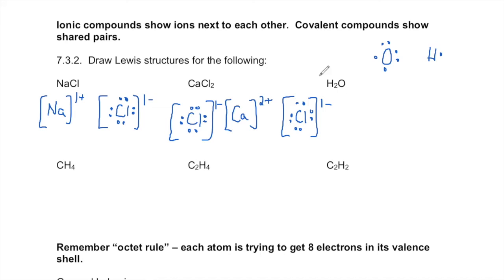Here let's show a water molecule. Oxygen has 6 valence electrons, hydrogen just has 1. You can probably see that we have an opening here for a shared pair and an opening here for a shared pair. Let's draw hydrogen in a different color.